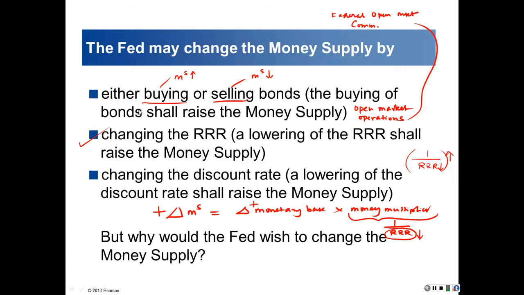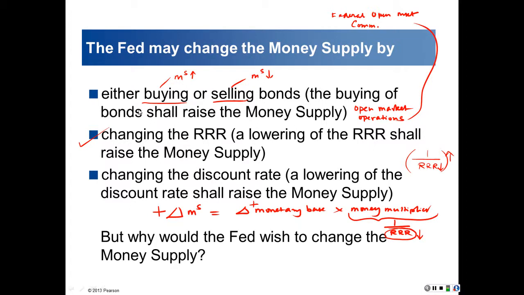Now, what's the intuition behind this? Why would lowering the RRR cause the money supply to increase? We've learned that bank lending is crucial in this process of the creation of money. Because every time a bank lends you money and you spend the money in Best Buy, for instance, remember that story? Well, that causes the sum total of the checkable deposits of the country to go up because Best Buy is going to deposit that sum in its bank account. So by this token then, bank lending results in an increase in the money supply.